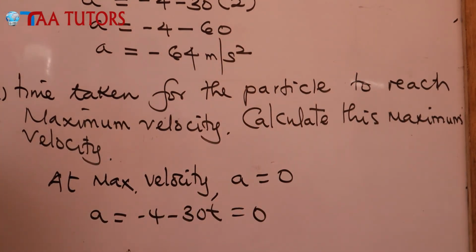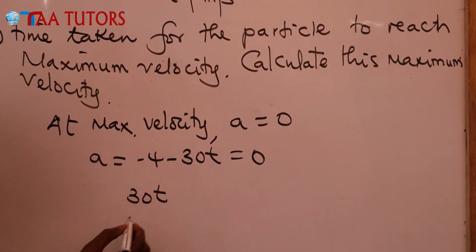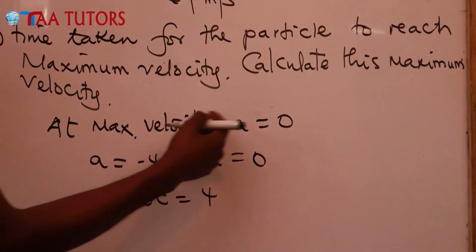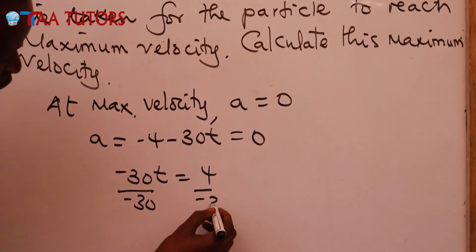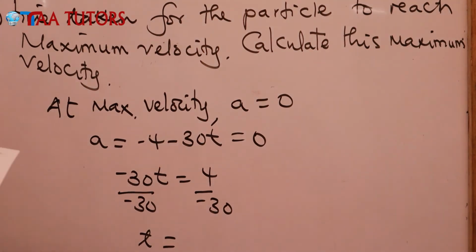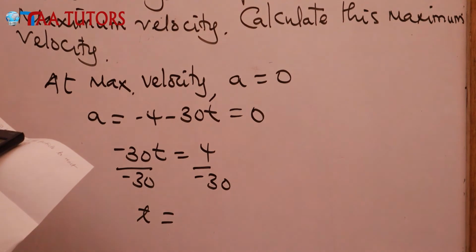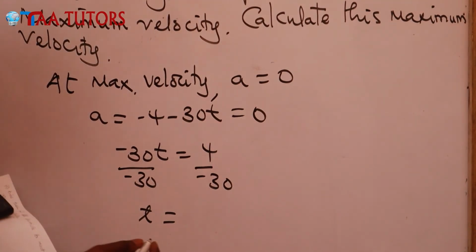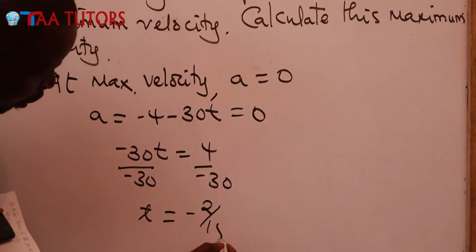So we say negative 30t equals 4. If we take that to the other side, we divide by negative 30: t equals 4 divided by negative 30, that is negative 2 over 15.